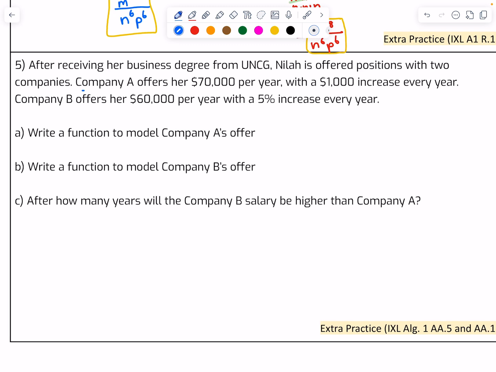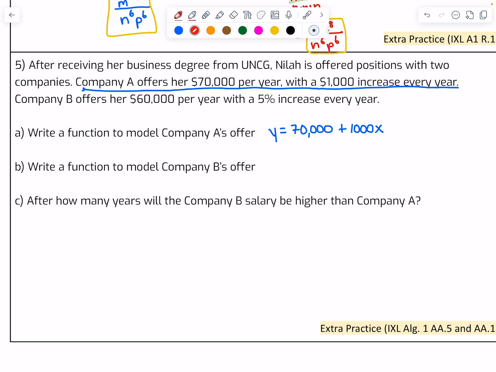So Company A says $70,000 per year with a $1,000 increase every year. So that is just a linear function. We could say that is y equals 70,000, which is her starting rate of pay, plus $1,000 each year. So it just looks like 70,000 plus 1,000 times however many years she works there.